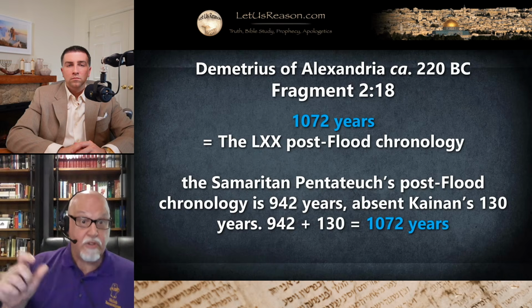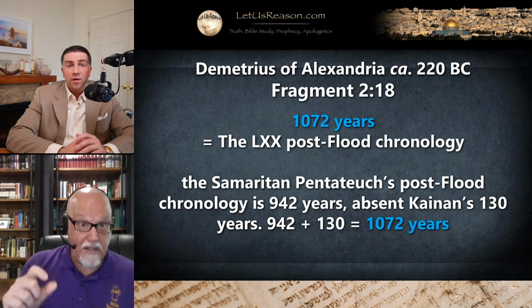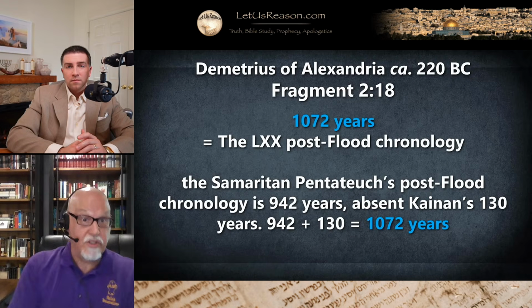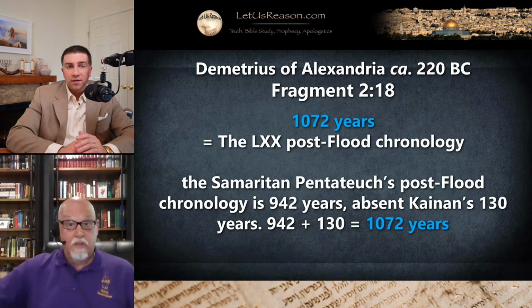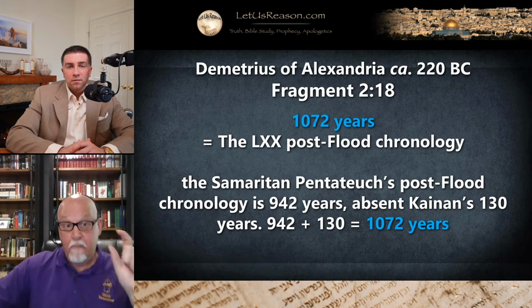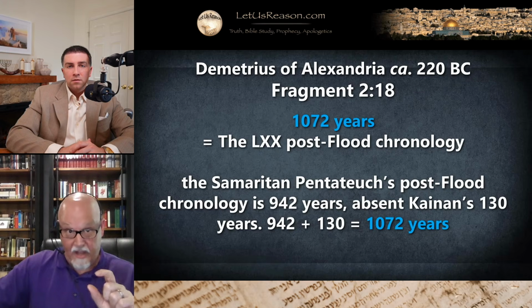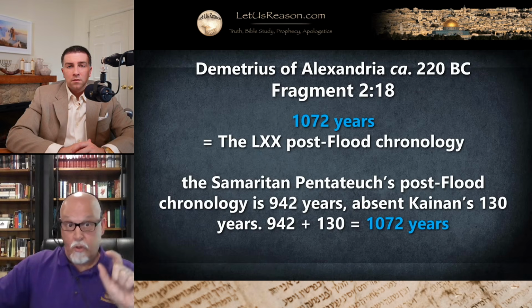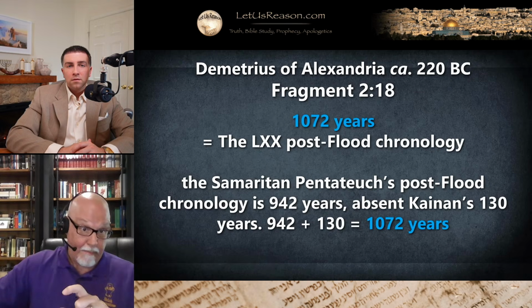So it's identical to the Septuagint text, and it must include Canaan to equal the 1,072 years. So you can infer that Demetrius's Septuagint text had Canaan in it, which is really interesting.